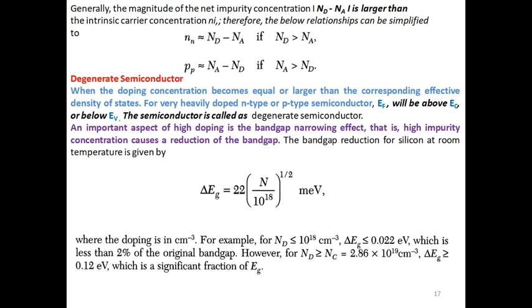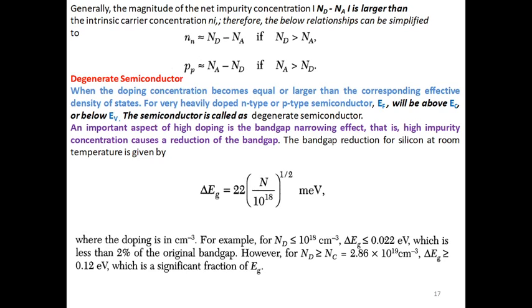If we have the intrinsic carrier concentration, then we get the relation n_n = N_d minus N_a, meaning the donor concentration is greater than N_a, which is an n-type semiconductor where electrons are the majority carriers. And p_p, in a p-type semiconductor where holes are the majority carriers, equals N_a minus N_d. If the acceptor concentration is greater than the donor concentration, then as I told you previously, it is a degenerate semiconductor.